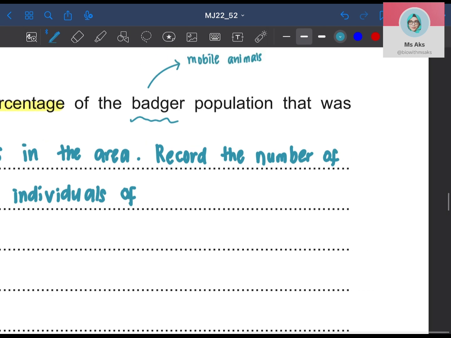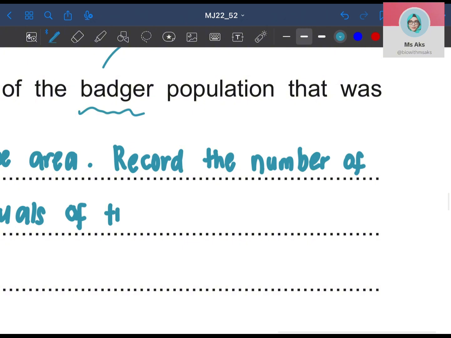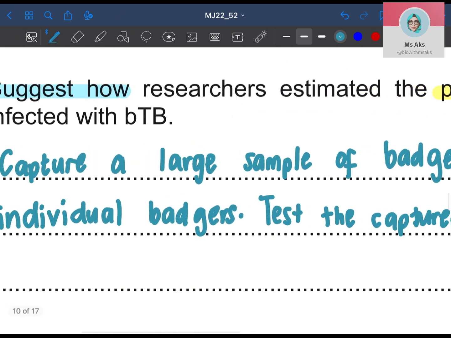We test the captured individuals of the population and record the number of infected individuals.